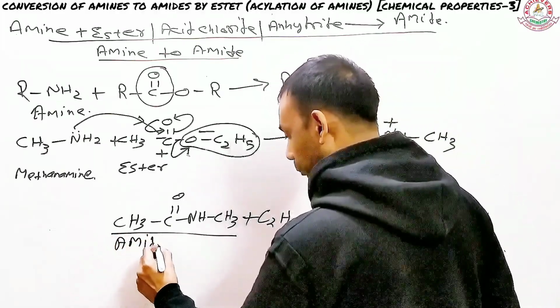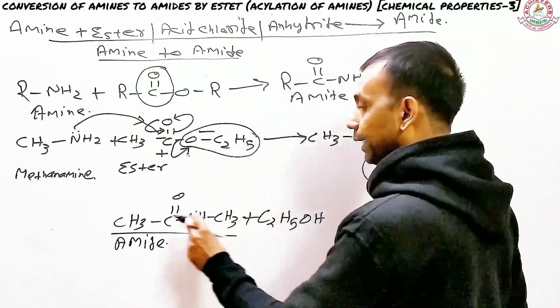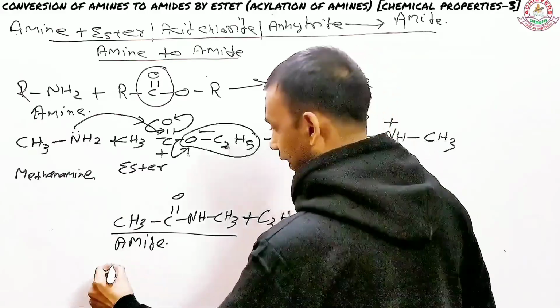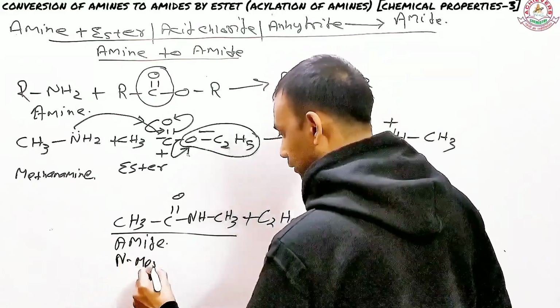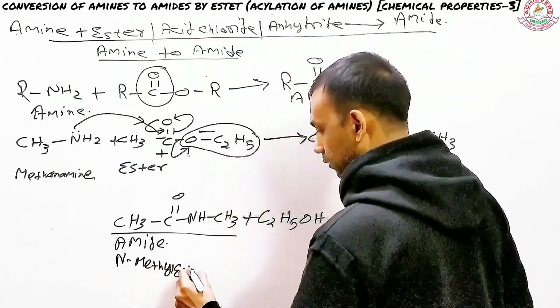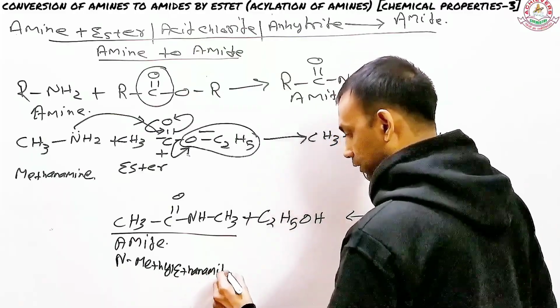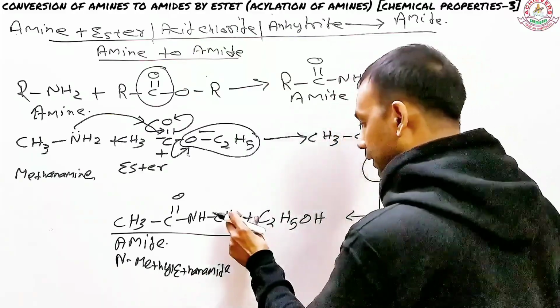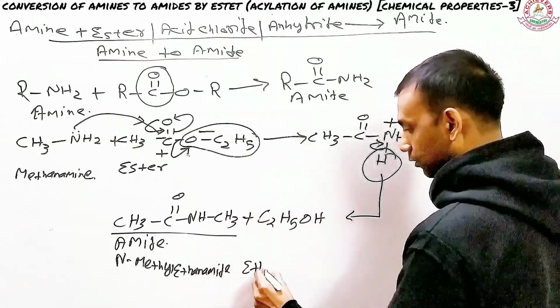Now what will this amide be called? Let's write the IUPAC name. This is going to be N-methyl ethanamide. Apart from that, the byproduct here is ethanol.